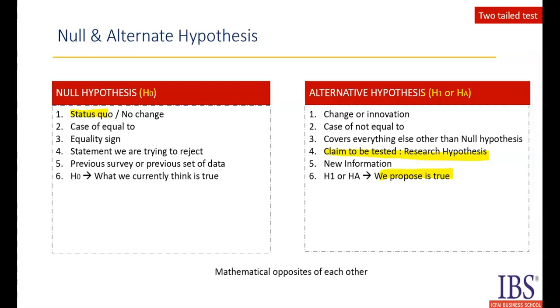So there is always some null hypothesis, something that everyone currently thinks is true based on previous survey or previous set of data. But then somebody comes with new information, call it alternative hypothesis or research hypothesis, because that's what we have to test. It is what you are generally researching on.